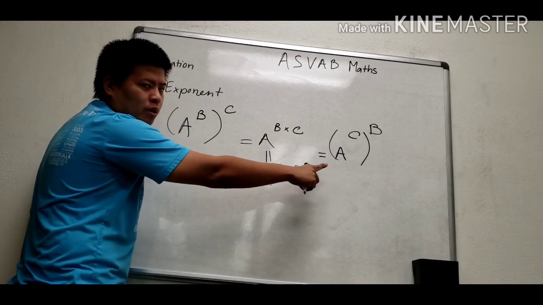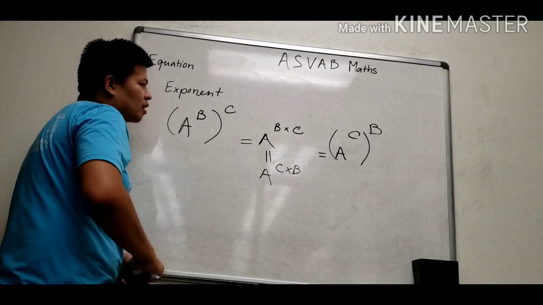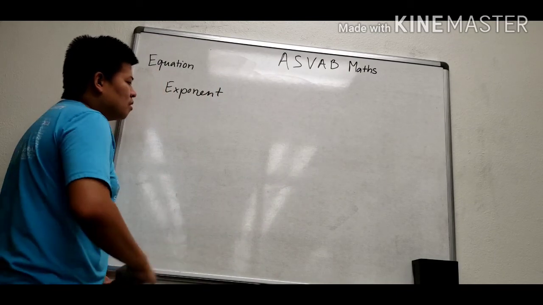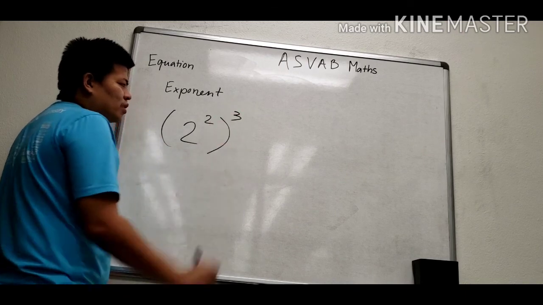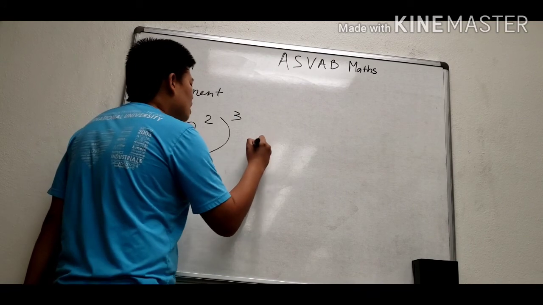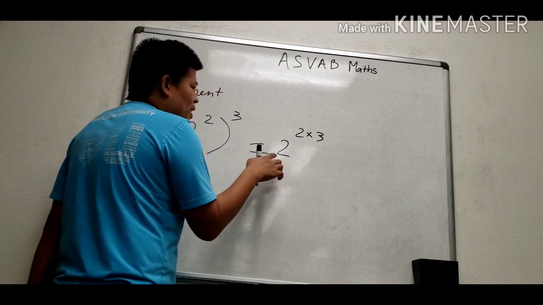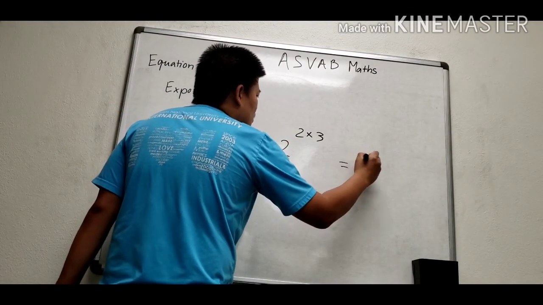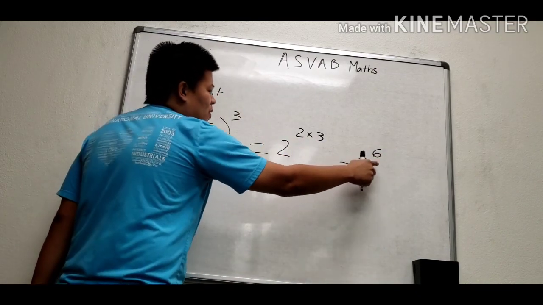That's why we can switch two powers together in the bracket. For example, 2 power 2 with 3 in this example, we get 2 with power 2 multiplied by 3, and we get 2 power 6, because 2 multiplied by 3 is 6.